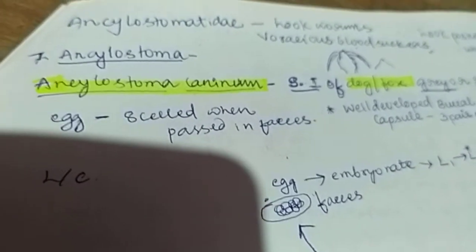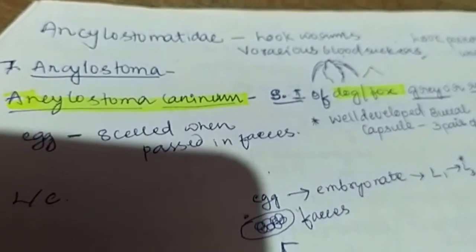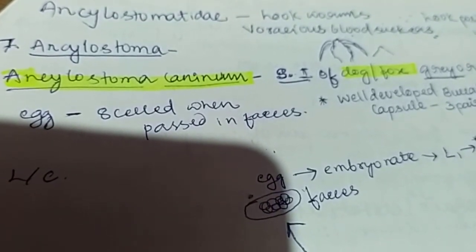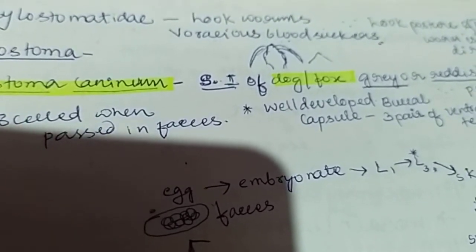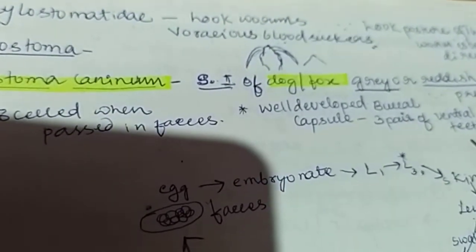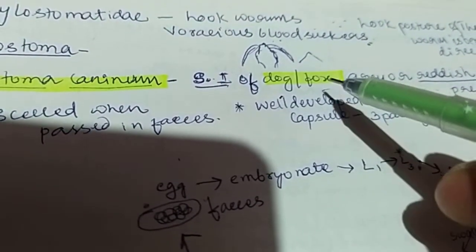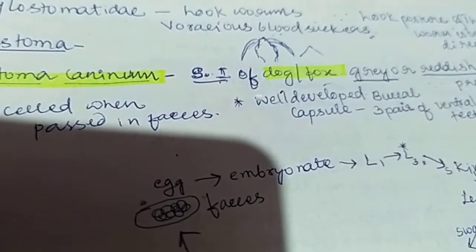And now let us come to the respective species. The first species is Ankylostoma caninum, which is very important from the pathogenesis point of view. The host is dog or fox, and the predilection site for Ankylostoma caninum is the small intestine of the dog.